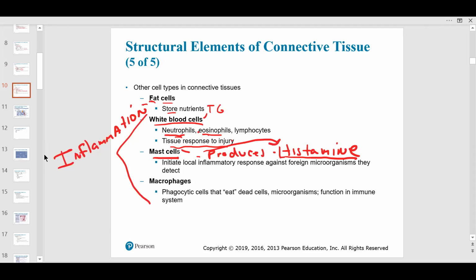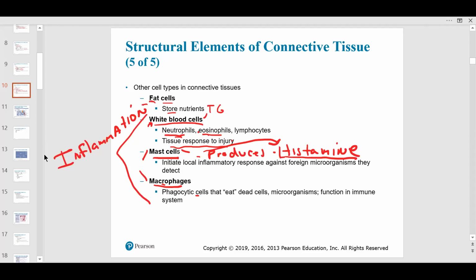Immune response against something foreign or an allergen, right? If you're allergic to something specific, like grass or dust or dander or peanuts, whatever. Macrophages, you know what they are. So these are in the tissue. These are tissue cells. These are blood cells. So phagocytes are eating cells. Macro means big eaters.